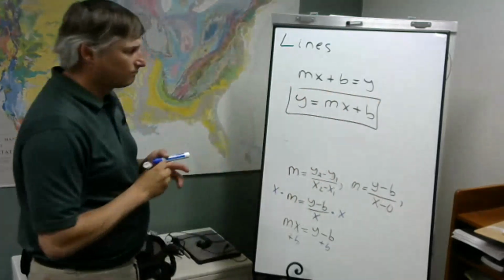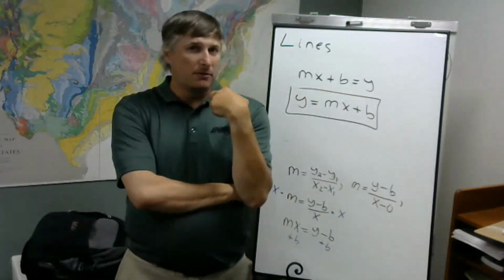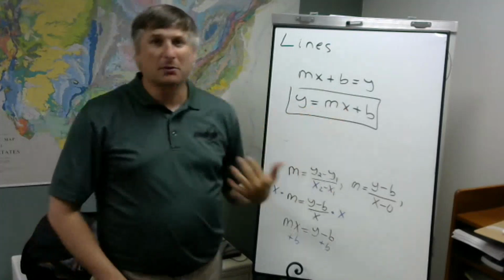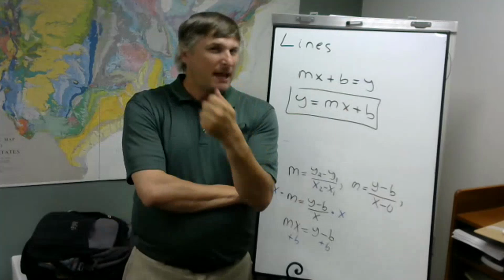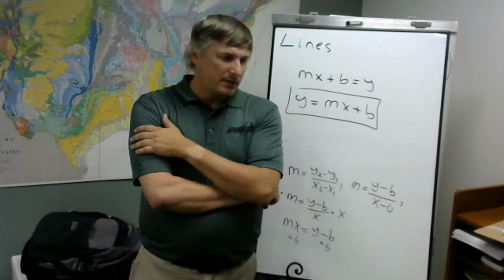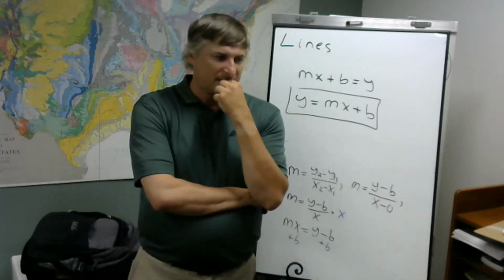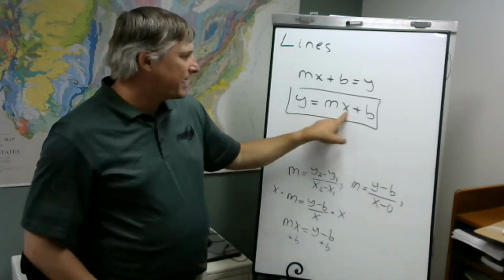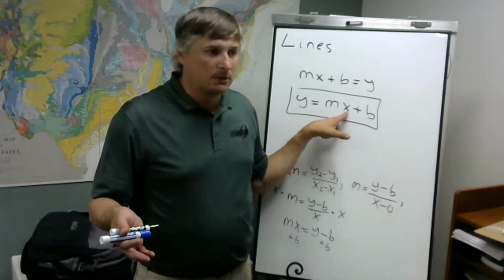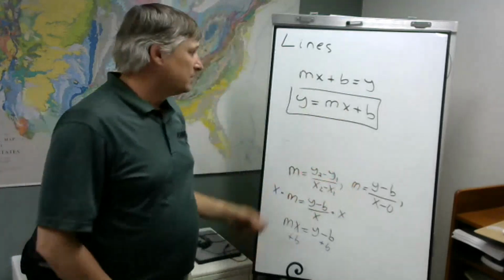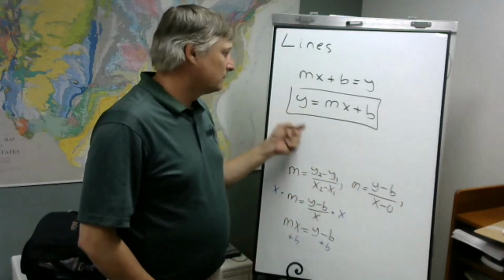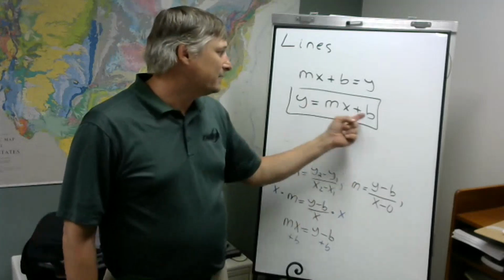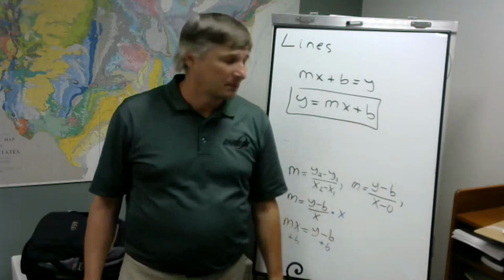So we can come up with a formula to generate y's if we know this other information. And see, that's the thing. What we typically do with y equals mx plus b is this is a formula for a line. This tells us if we input an x, remember, x is an independent variable, we get to choose it, to figure out the output y. We also have to have an m and a b.